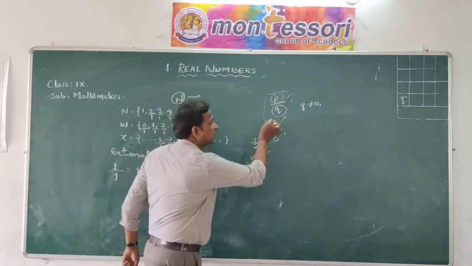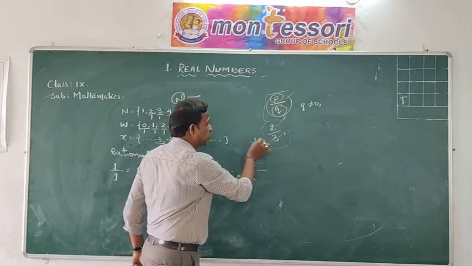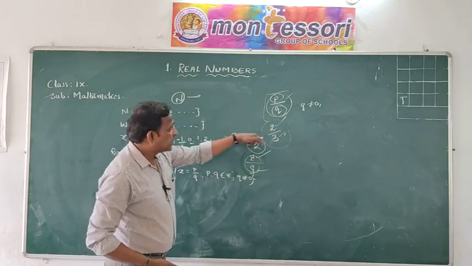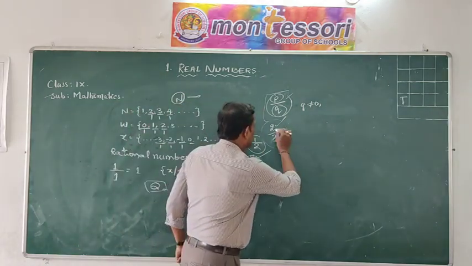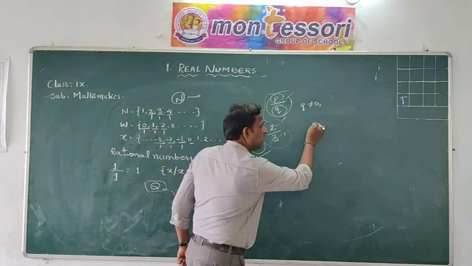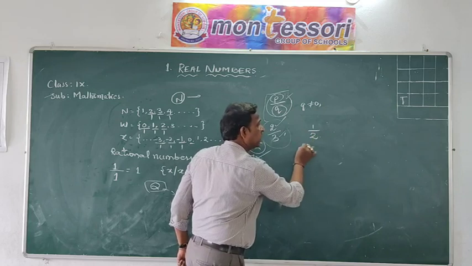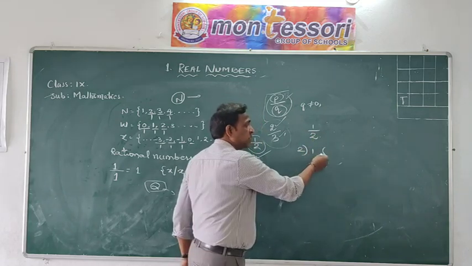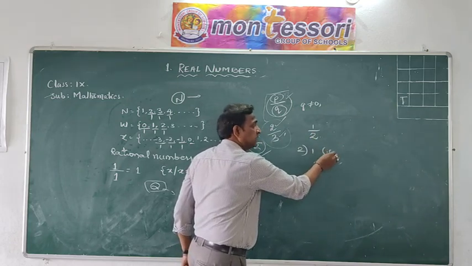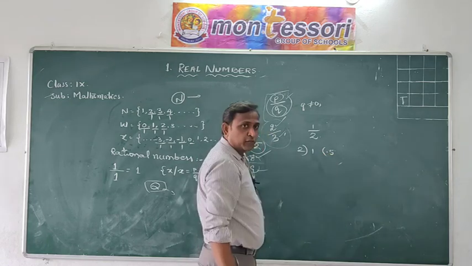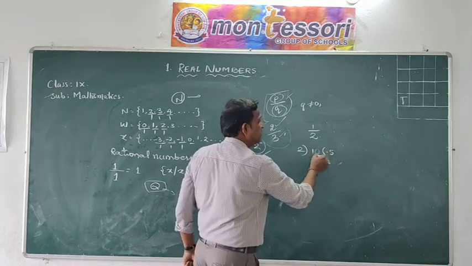Just observe all these p by q forms, 1 by 2, 8 by 9. Suppose I take 1 by 2, you can divide 1 by 2 like this, and we can get, anybody can say, 0.5, because here the 0 and 2 fives are 10.